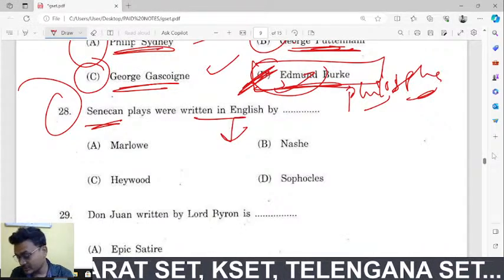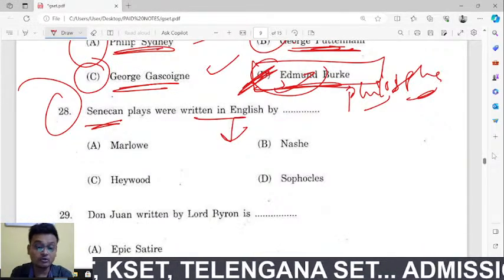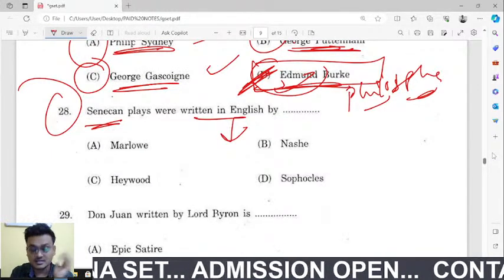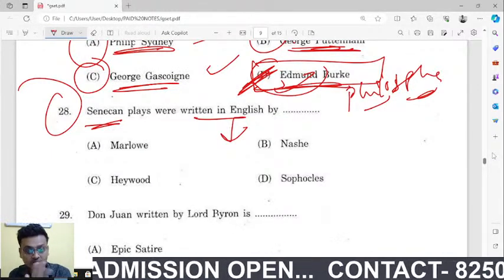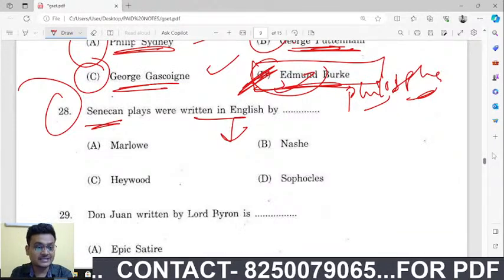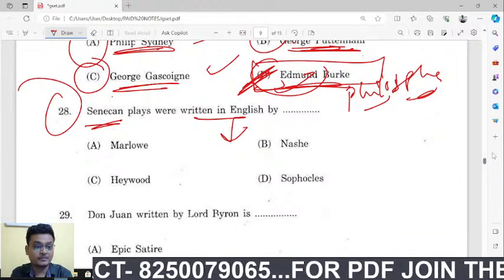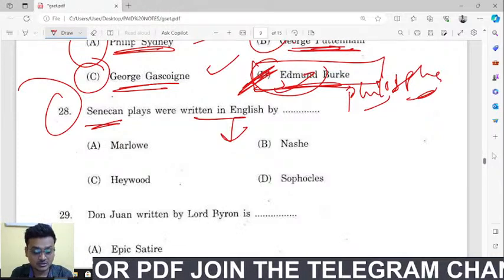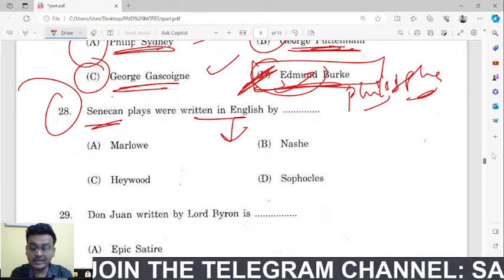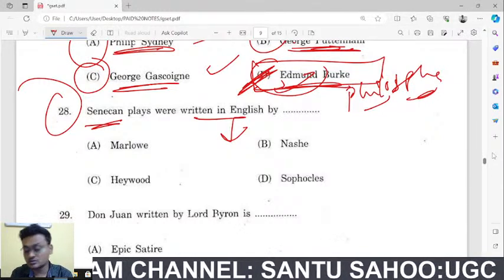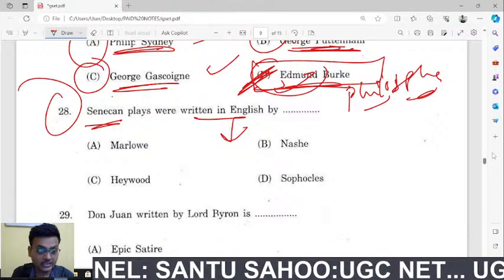Here, the Senecan plays were written by whom? It's not by Heywood.